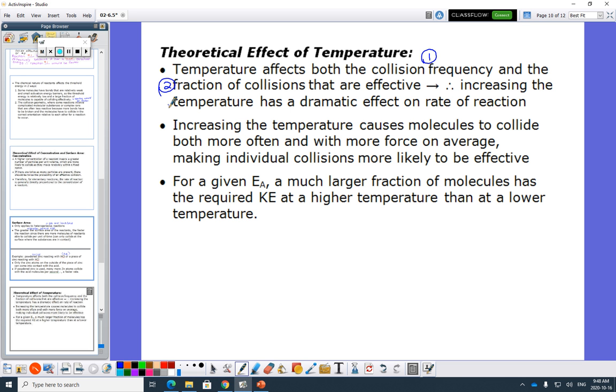Okay, so these are very fancy terms, the collision frequency. What does that mean? It causes molecules to collide more often, and with more force. And again, you can think about this with yourself.